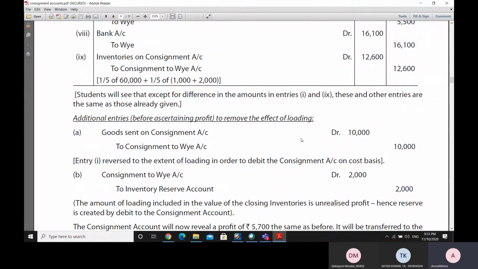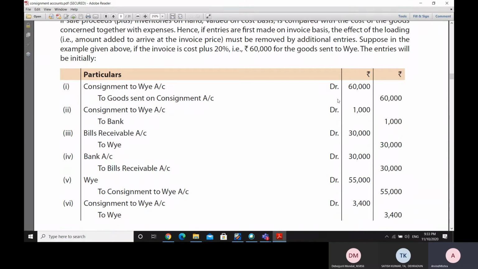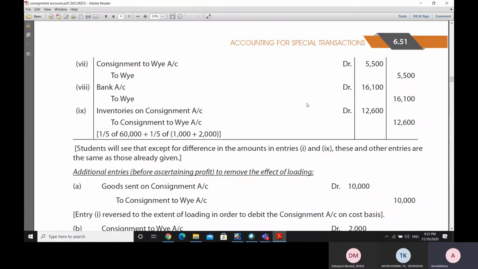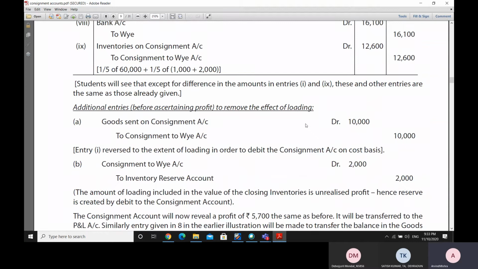Why are we making these entries? Because we have increased the amount to 60,000 here. We need to bring it back to 50,000. So we have to make a reverse entry of 10,000 rupees here. And thereafter, we debit the consignment account and credit the inventory reserve account.